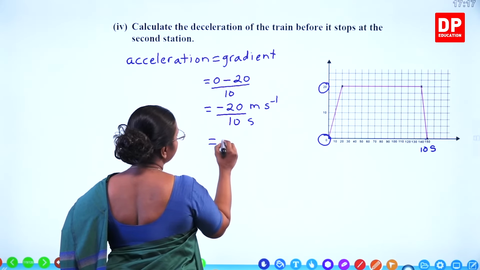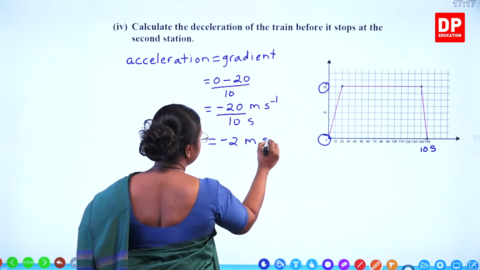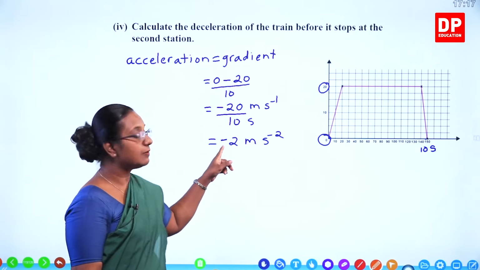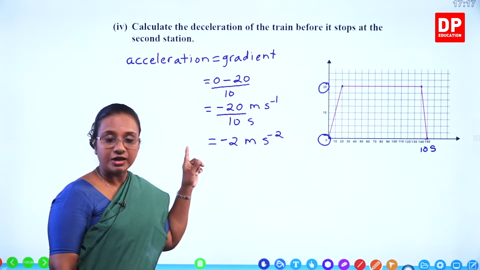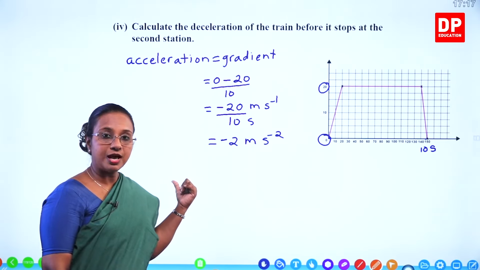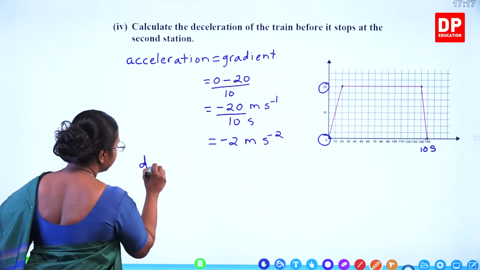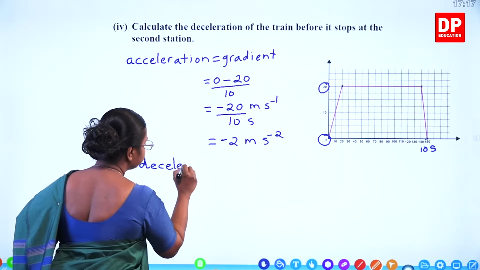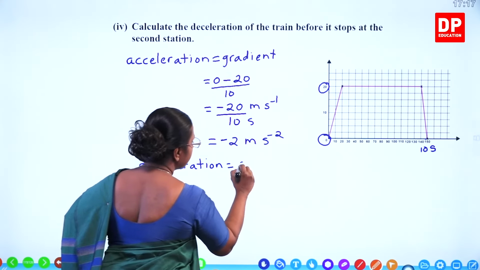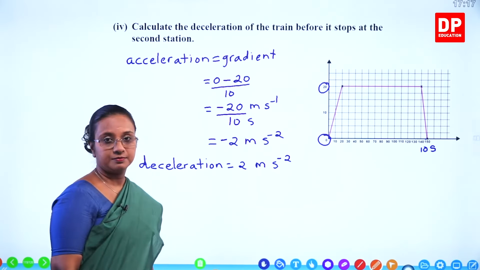So, that will give you an answer minus 2 meters per second square. Since you get a negative value for acceleration, you can confirm that it is deceleration. So, what do you do now? You have to rewrite it as deceleration equals 2 meters per second square.